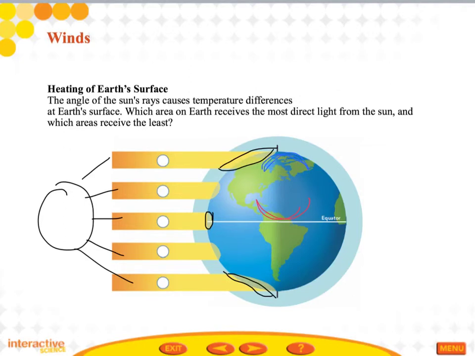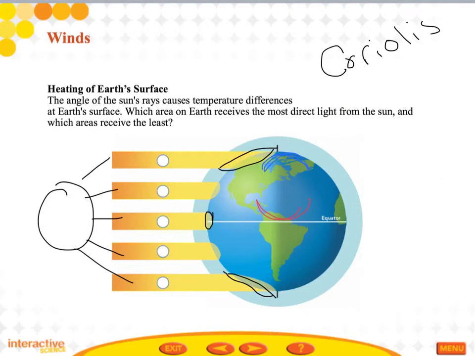Now, the cool thing is the Coriolis effect. You briefly learned about this possibly back in the water unit. So let me write that word down. That is the Coriolis effect.